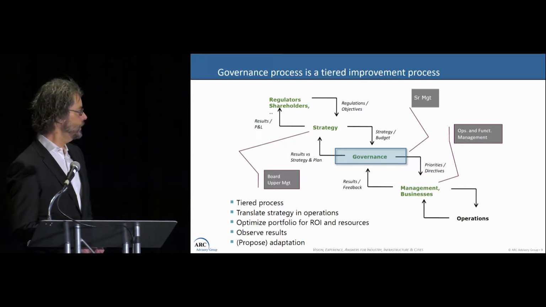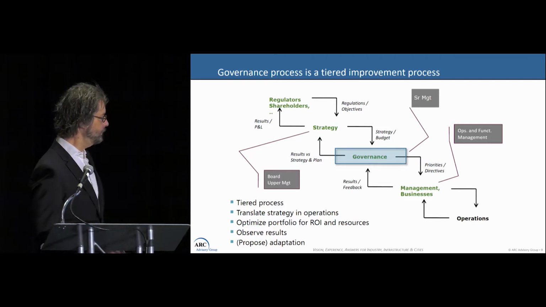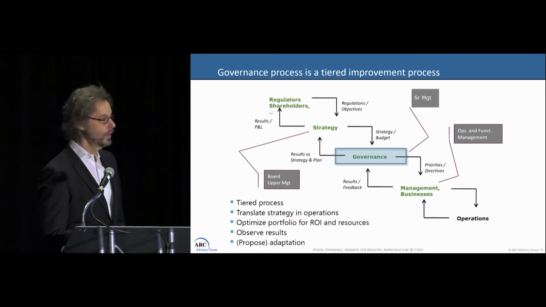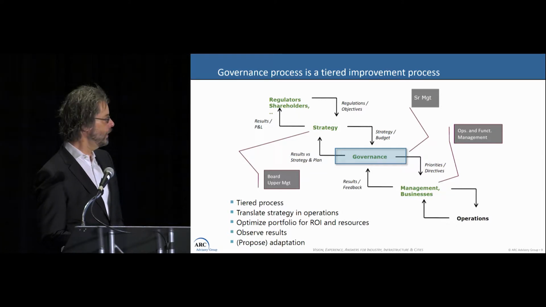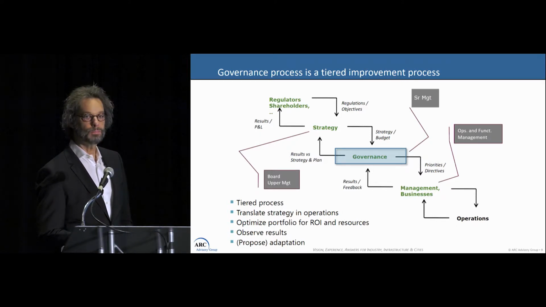And so with this strategy, we go to work, we get budget, we get priorities, we get resources, and it's the governance, which is in itself an iterative process that I will not detail here, but basically this is going to make sure that this strategy gets executed and translated into priorities and directives that business and management will execute, and then collect feedback and results, so that in the governance process we can compare if we did what we wanted to do.